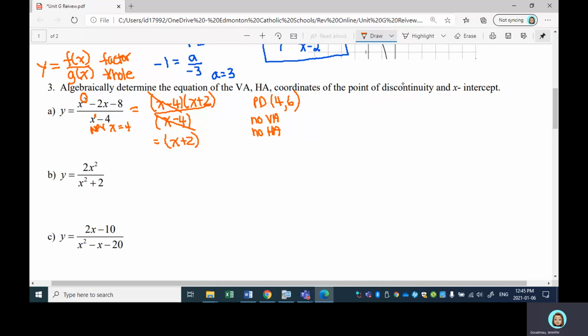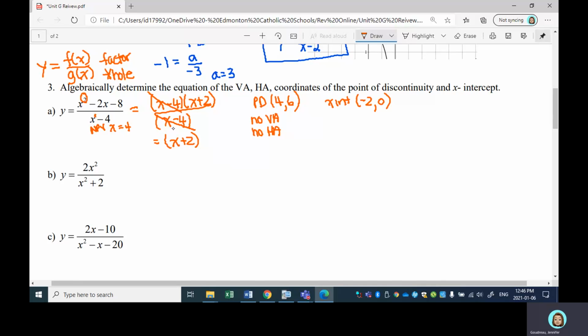Coordinates, okay, done that. And then the last thing is the x-intercept. And the x-intercept always comes from the factor that's remaining in the numerator. So because after we factored and simplified, the factor remaining in the numerator was x plus 2, our x-intercept is going to be at the root of that, which is negative 2. So the coordinates would be (negative 2, 0).